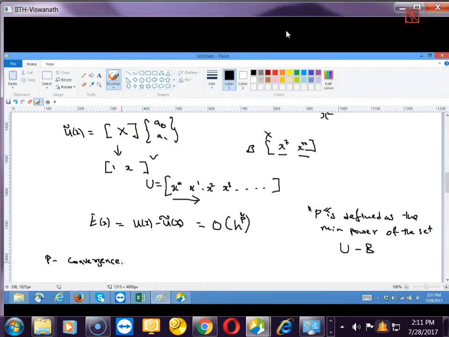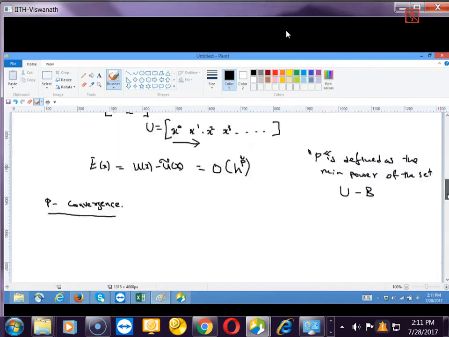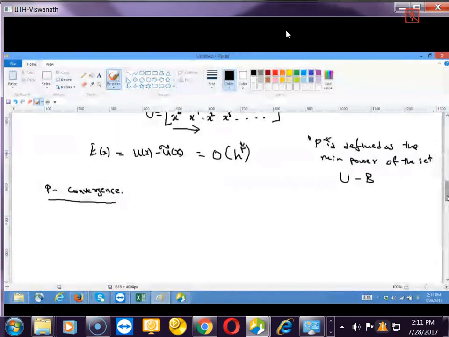Today's class we will discuss a little bit about the p convergence, and once that is done, I will again give you a detailed example of a 1D bar element and the development of the shape functions.